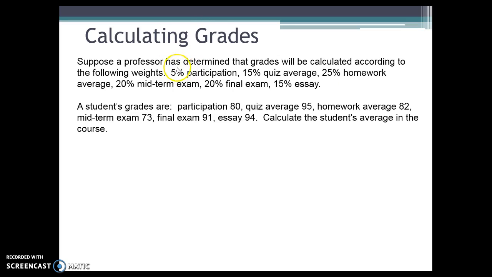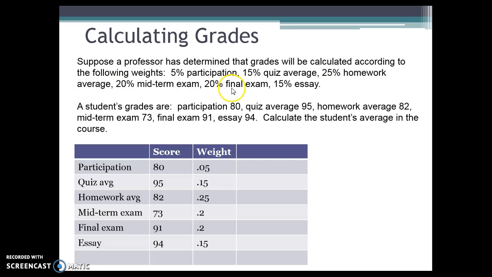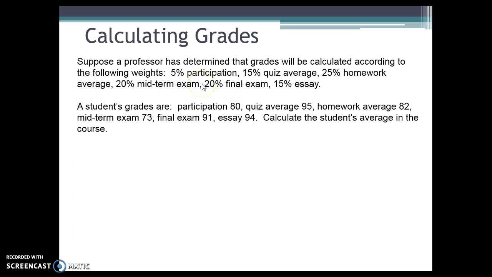So suppose in a certain class you've got 5% of your grade comes from participation, 15% comes from a quiz average, 25% comes from homework average. The midterm and final exam are each 20%, and there's an essay that's 15%. And then these are the students' grades, and they want to know what is the student's average in the course.